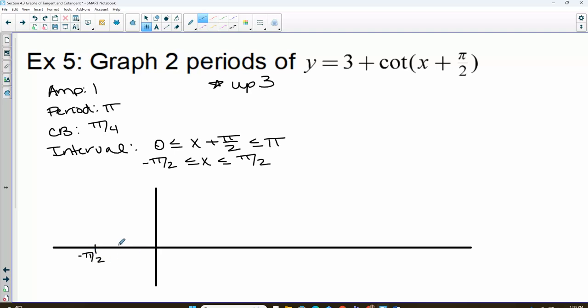So -π/2 plus π/4 is -π/4. Plus π/4 is 0. π/4, π/2. We are moving up 3.